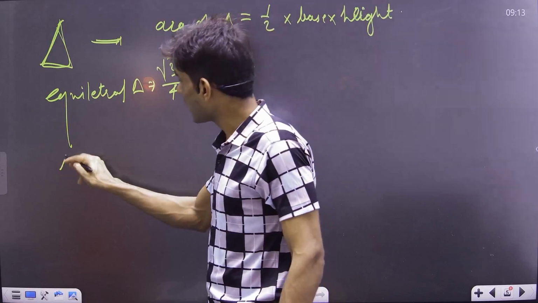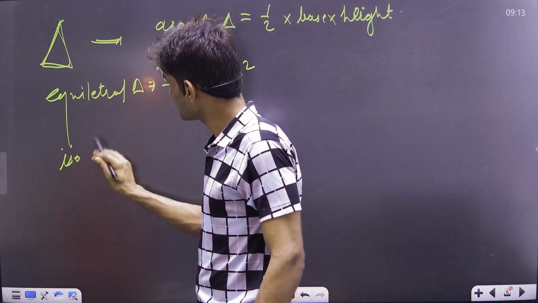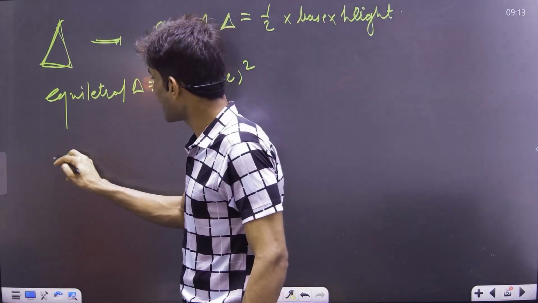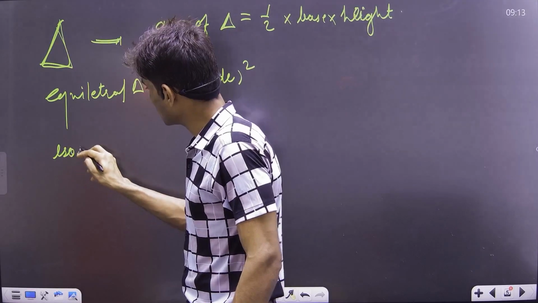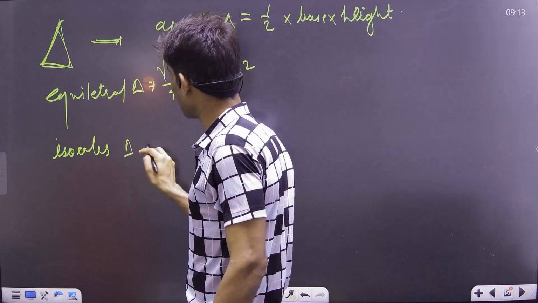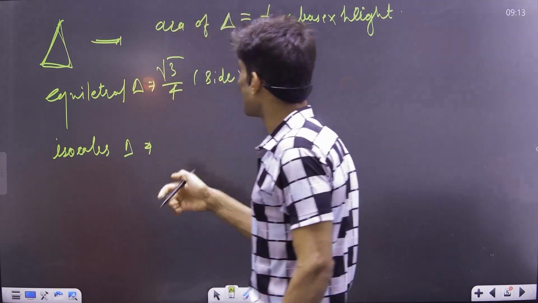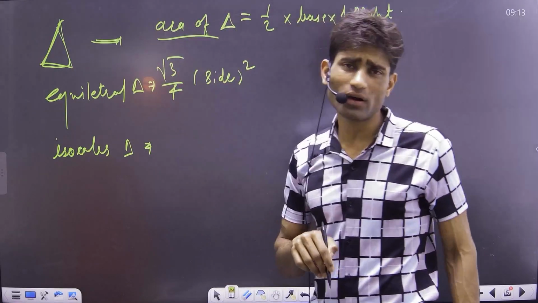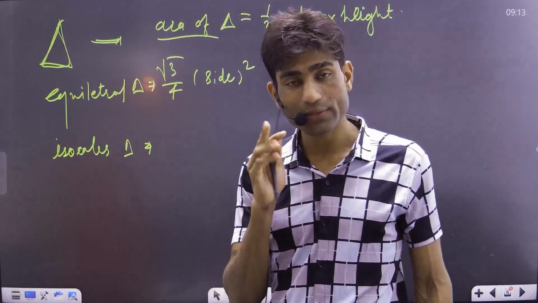If we have an isosceles triangle, okay, then we are looking for the area of different types of triangle. You need to understand it.